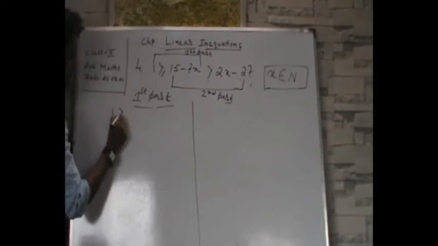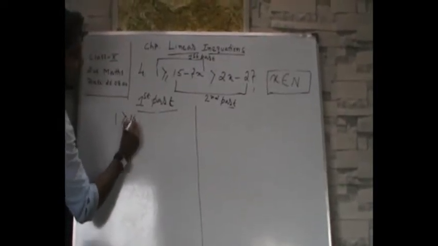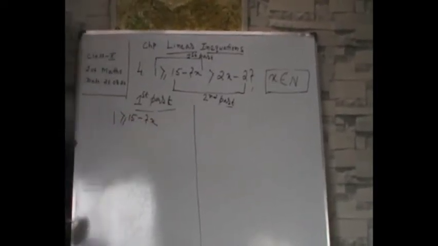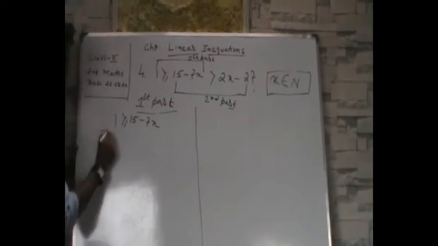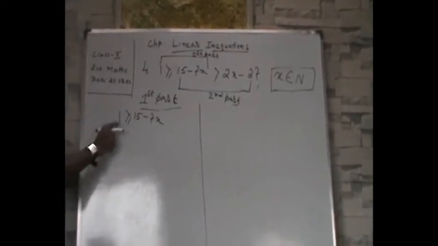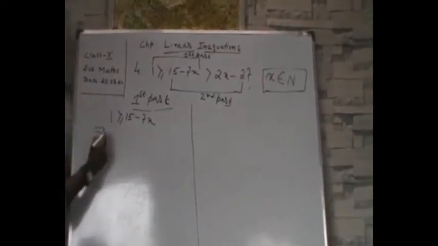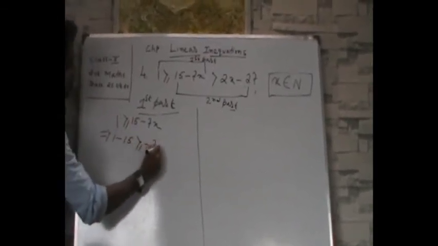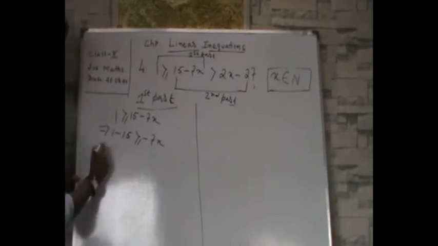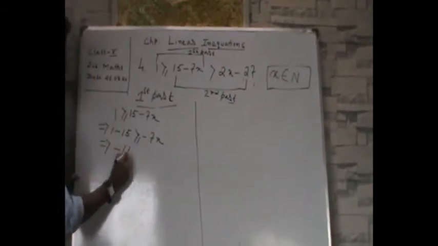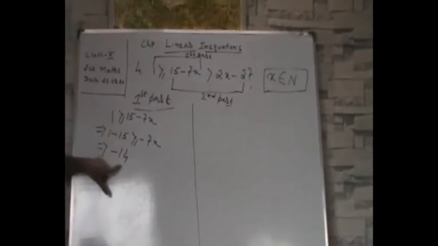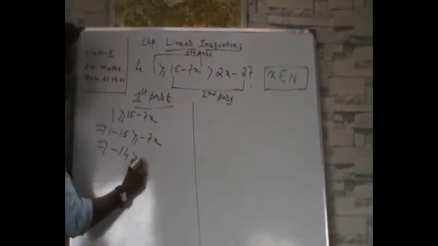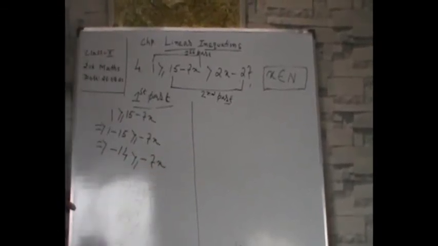1 greater equal 15 minus 7x. Now separate the like terms, 1 and 15 as it is, they are like terms. Minus 7x. This one 1 minus 15, now minus 14 greater equal minus 7x.